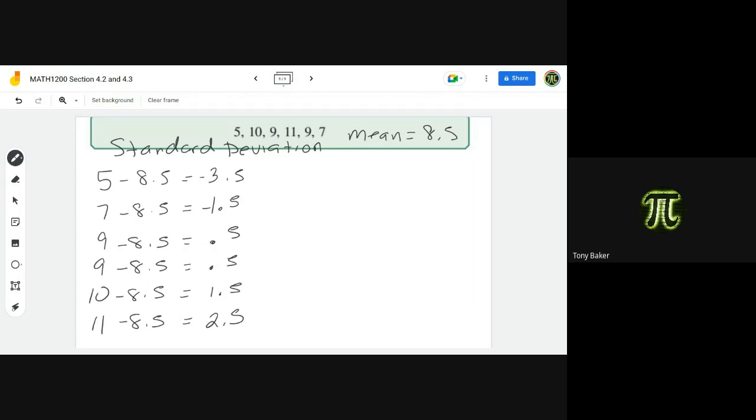Okay? We're going to square each of these numbers. Okay? So square them. So what does squaring them mean? Yep, multiply by themselves.